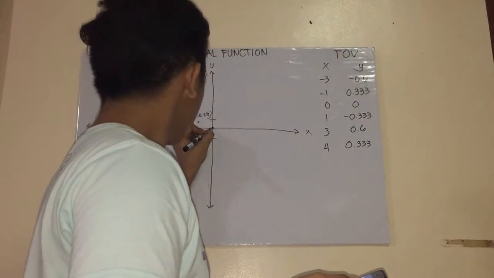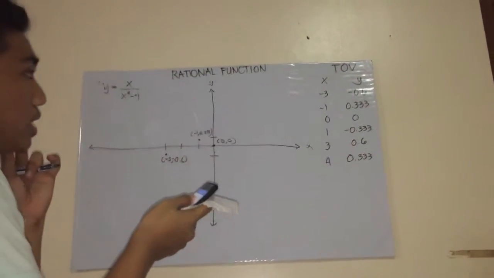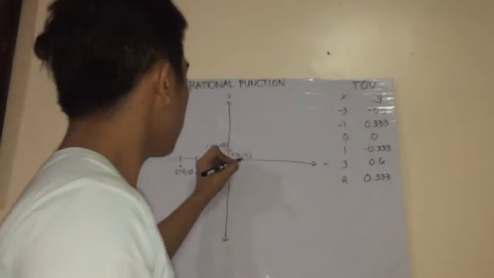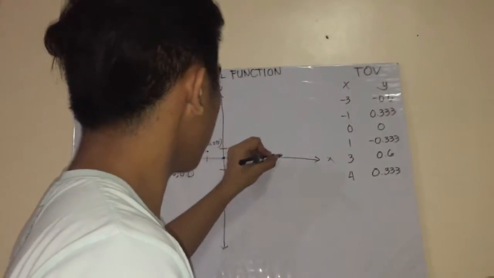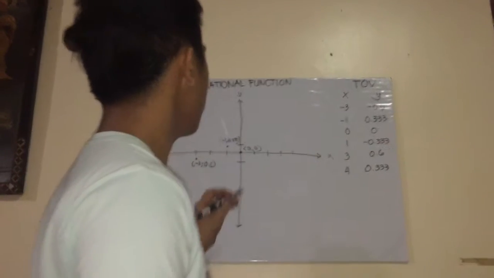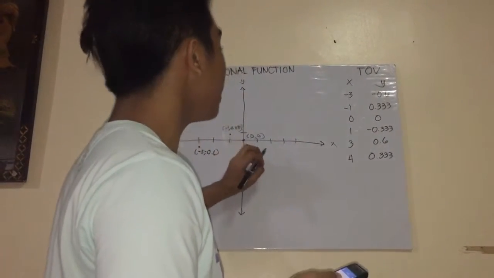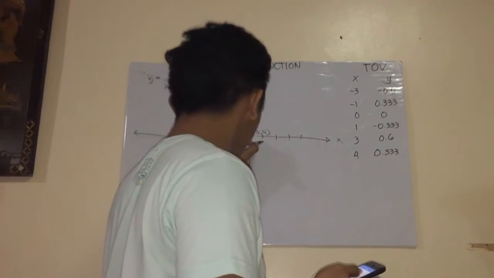So, ito lang siya. So, the next is 1. So, 1 and negative 0.333. So, yung 1 natin is nandito kasi positive, then negative 0.333 something dito siya.